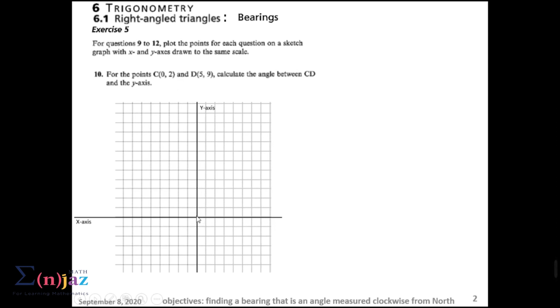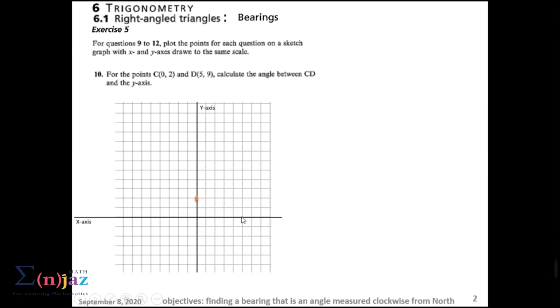The 2 is telling you how many units to move on the y-axis, and since it's positive 2, then you need to move up 2 units. So the plotting is as follows. This is C. Now, to plot D, you're going to start at the origin, and you're going to move on the positive x-axis towards the right 5 units: 1, 2, 3, 4, 5.